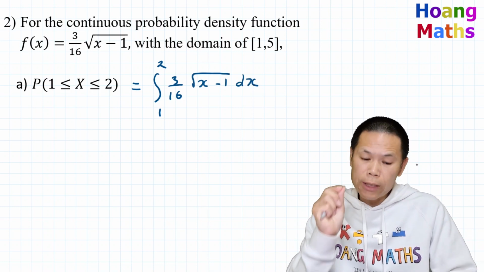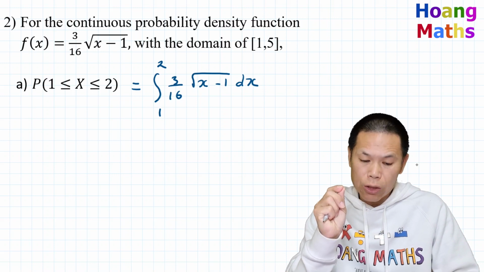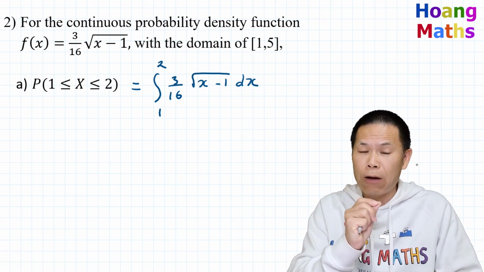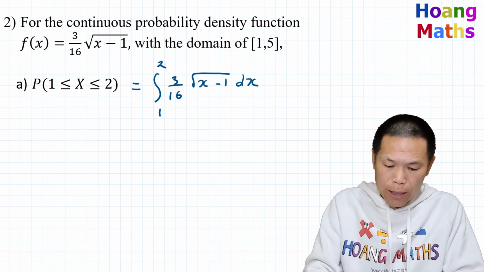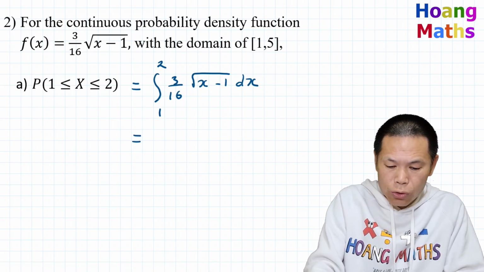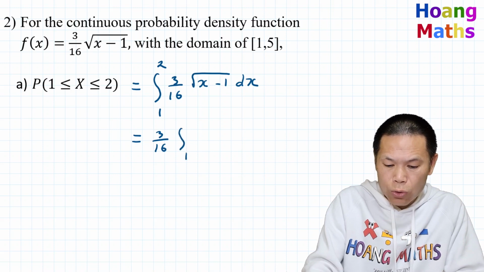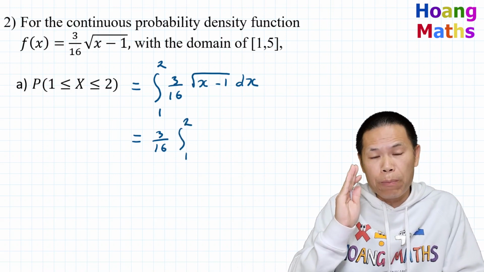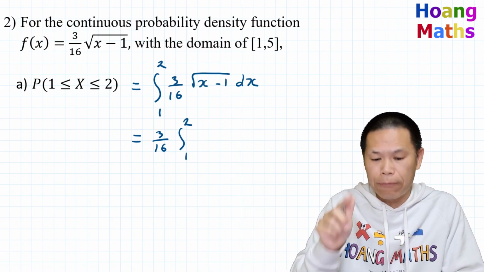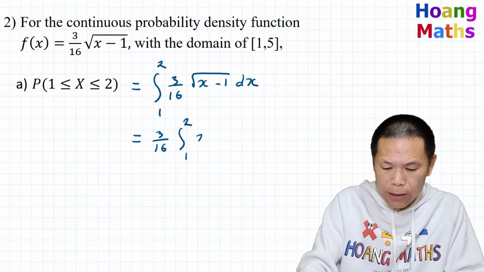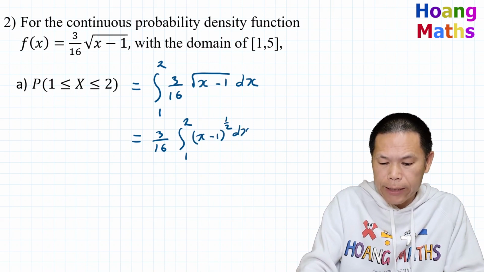What I do now is simplify this by taking 3 over 16 out and writing the square root in fractional indices. Keep that in mind. So I take 3 over 16 out, integrate from 1 to 2, and the square root of x minus 1 is exactly the same as x minus 1 to the power of half, dx.